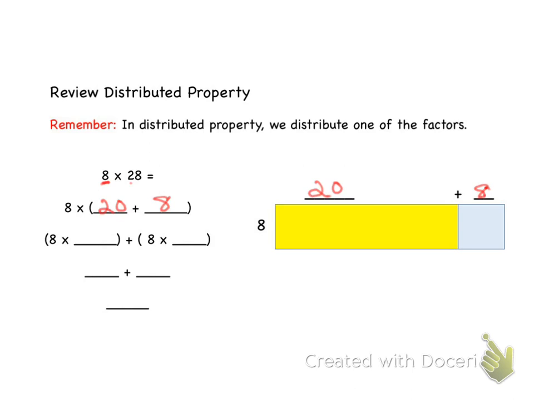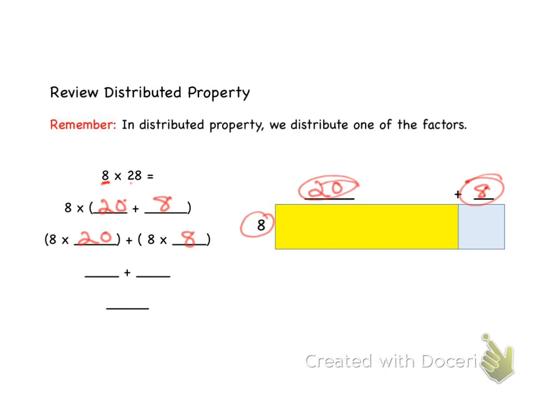Now, moving on. We now want to take our expanded notation numbers, the 20 and the 8, and move them into the next set of blanks here so that we can now distribute the 8 to each one of them. So a 20 goes into this spot and an 8 goes into this spot. So there's my 20, there's my 8, and there's the multiply by 8.